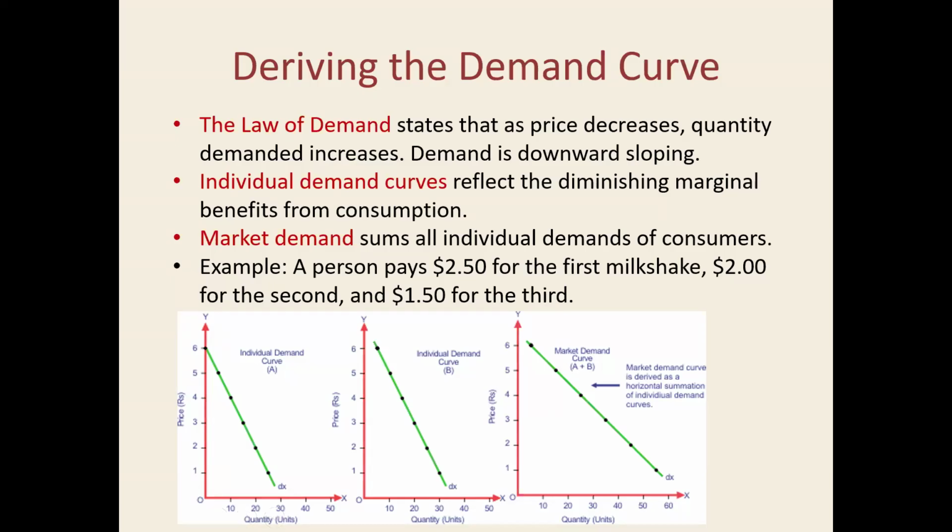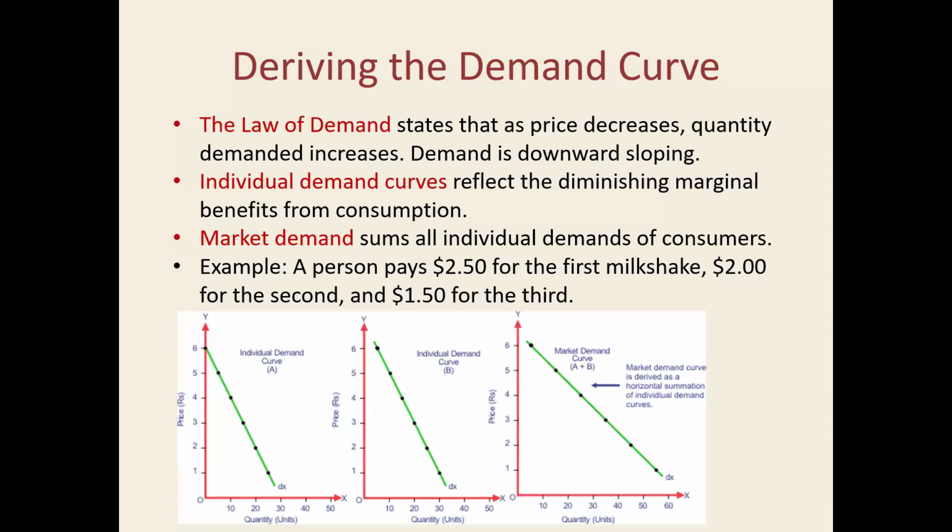Now, in this example, we only have 2 individuals, but you can imagine an example with 3 or 4 or 5 individuals. Note that the individual demand curve tends to be pretty steep, whereas the market demand curve tends to be more horizontal. And the more individuals you have, the more horizontal that market demand is going to be.